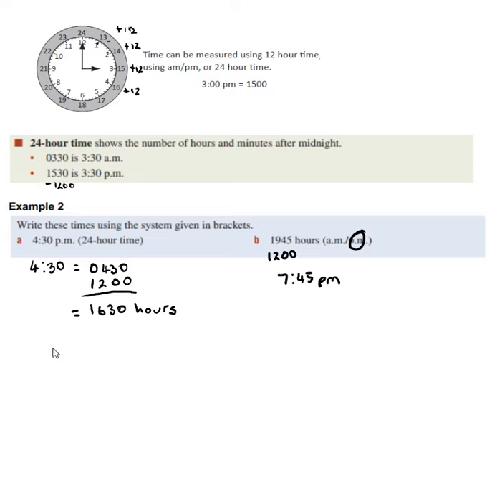So if the time was 1 AM, and we wanted to write it in 24-hour time, we would write 0100 hours. If it was 6 AM, we would write it as 0600 hours.